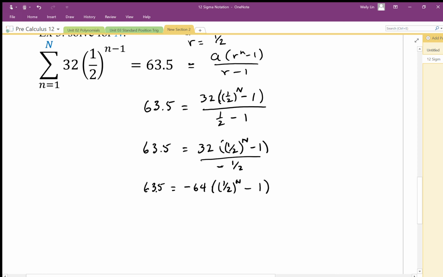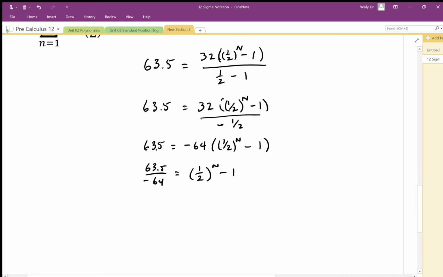I'm going to divide by negative 64, so I'm going to end up with 63.5 divided by negative 64. And so my equation now looks like this: 1/2 to the power n minus 1. If I simplify this fraction, this ends up being 127 over 128, and that's negative. I'm going to add 1 on both sides.